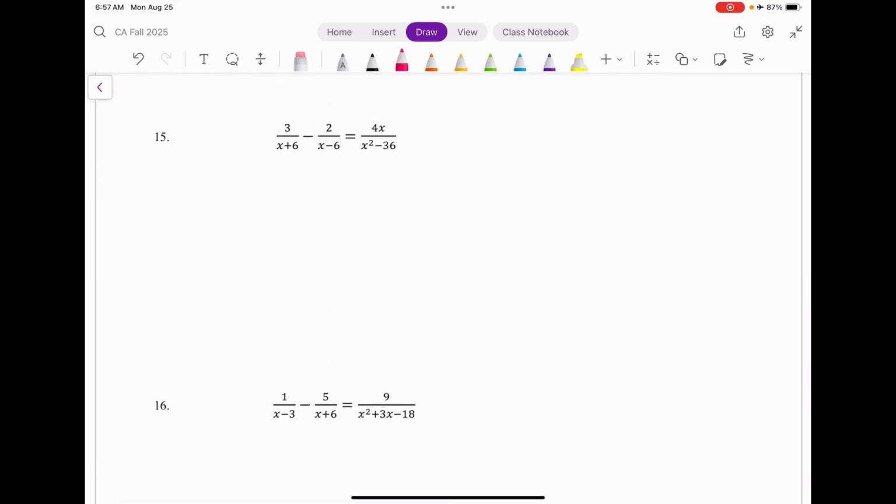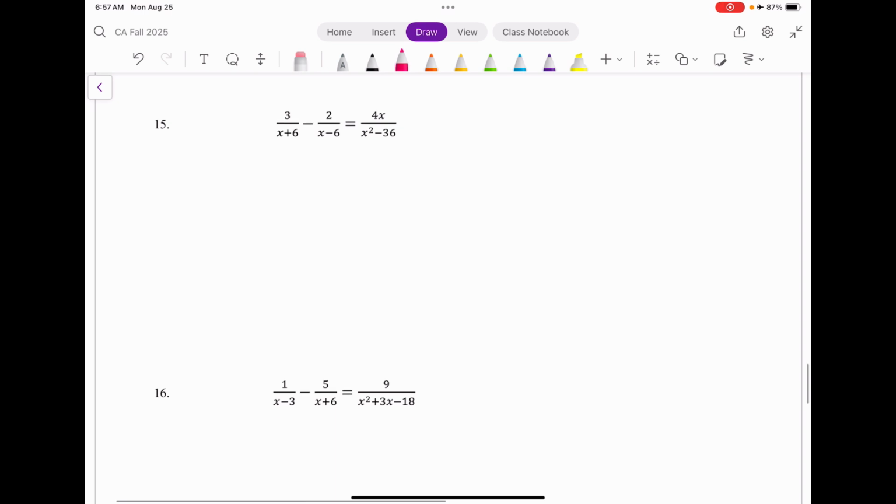Okay, on this problem we see, because of the x plus 6 factor on the left, x cannot equal negative 6. The x minus 6 factor in the middle means x equals 6 is not possible either. And then hopefully we know x squared minus 36 is the difference of squares.